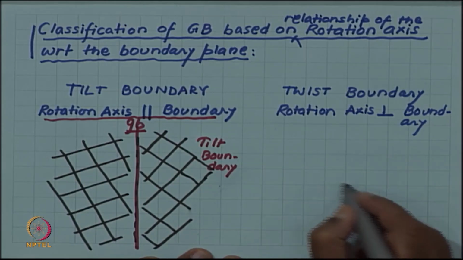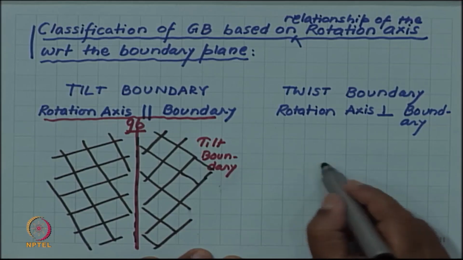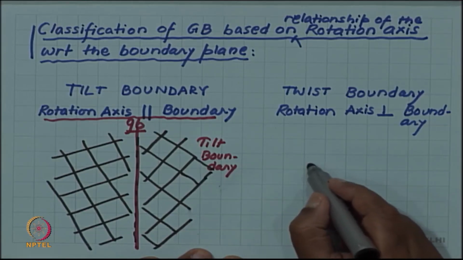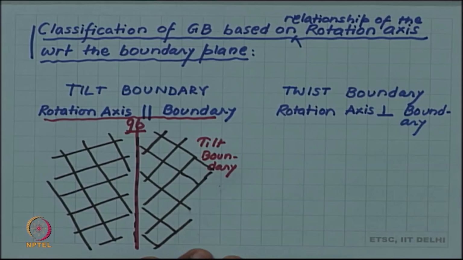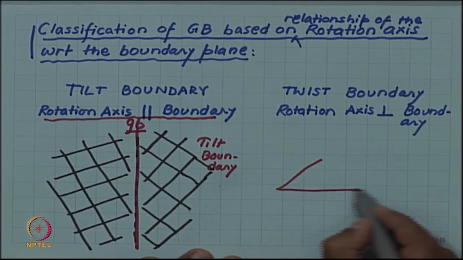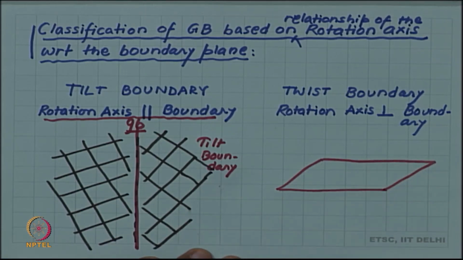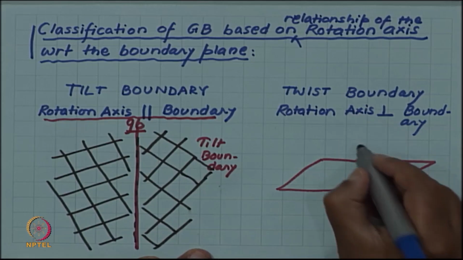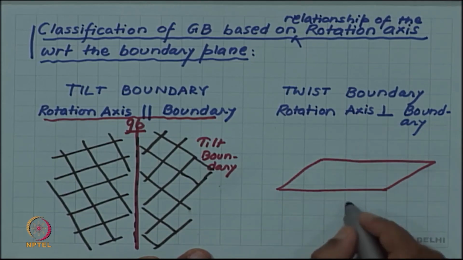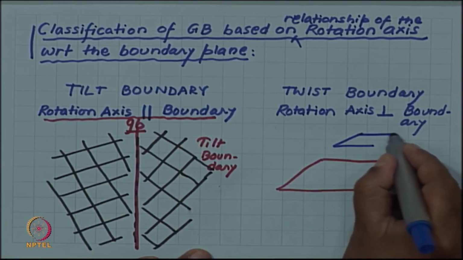which will be a little more difficult exercise, but let me try to draw it. So, let me say that this is the boundary plane and let me make a unit cell above the boundary plane in this orientation.